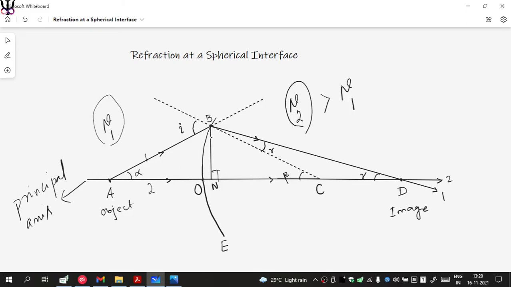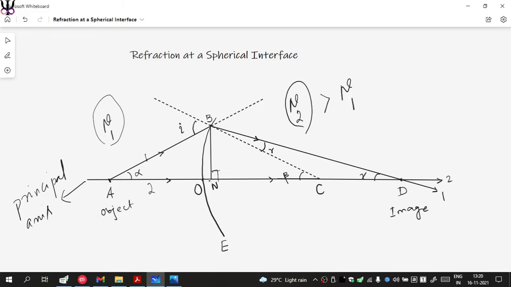However, we are going to use the approximation that the aperture of the optical interface is very small. That means B is very close to O. You can also try to draw subsequent diagrams, moving B closer and closer to O. As I keep moving B closer and closer to O, BN will come closer and closer to BO.